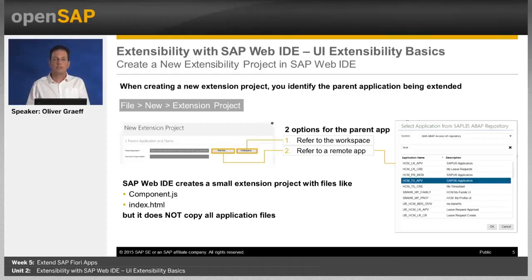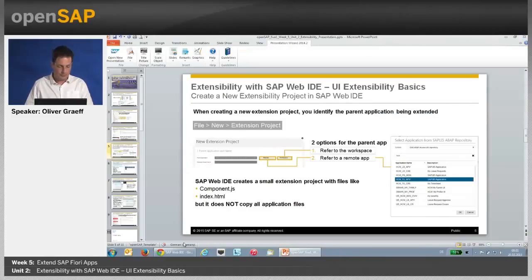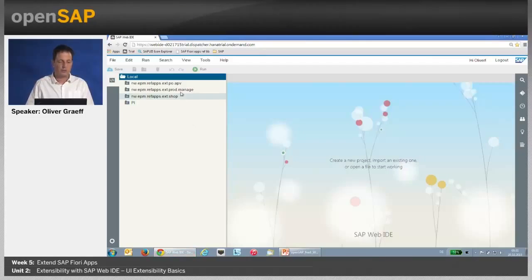The only difference is that the app is physically in your workspace and not, for example, in an ABAP backend system. So let's see how this works in Web IDE. You can see here my workspace, and I have the 3 sample apps, the Fiori reference apps, already in my workspace.